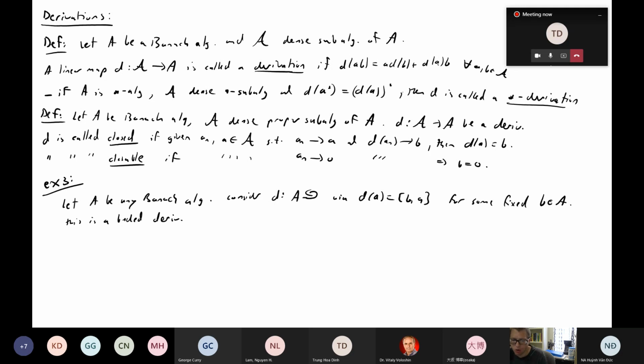In fact, you can show the norm is less than or equal to twice the norm of B.